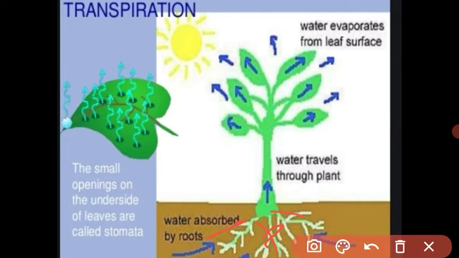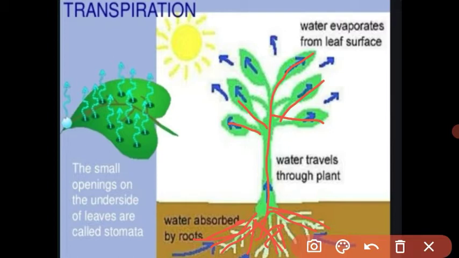The roots continuously absorb water and minerals from the soil and transport them to the upward parts of the plant, like leaves and branches, through the xylem tissue. Xylem is a kind of tissue which carries the upward movement of water molecules.